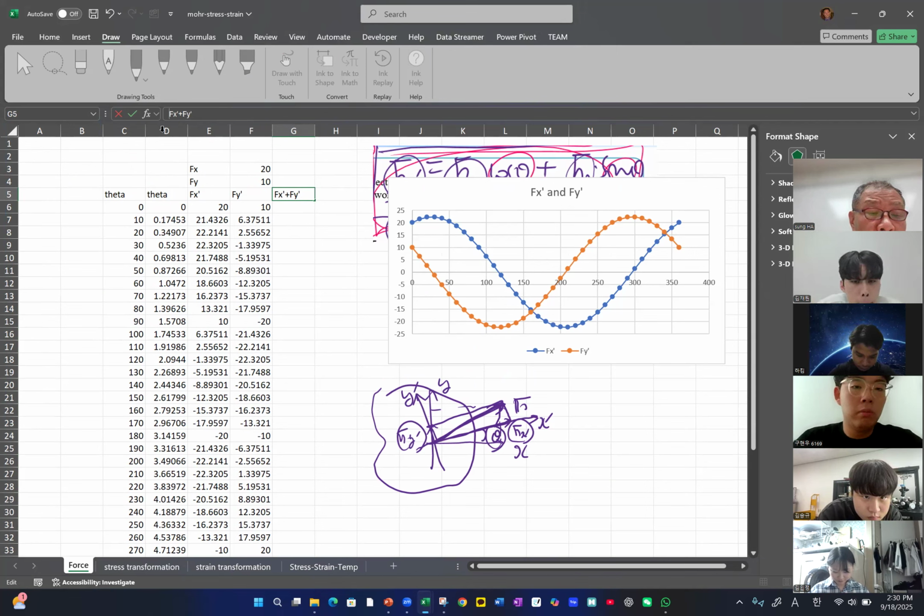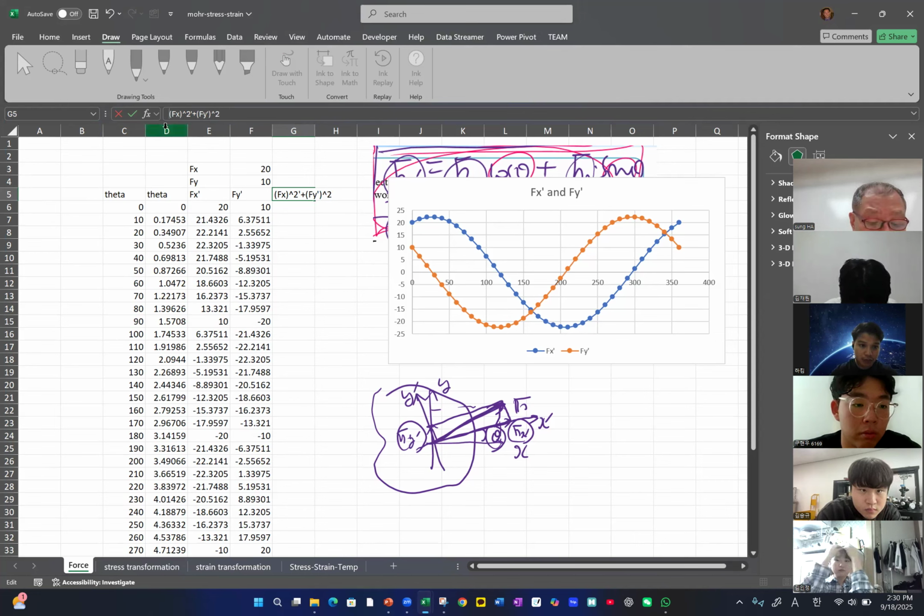Actually, for the magnitude, we need a square, and plus square like that, and actually we need a square root. That's the term we'd like to calculate for each angle.